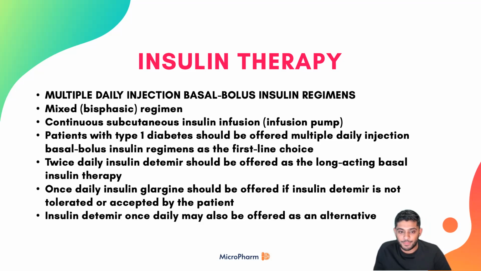And then you have a continuous subcutaneous insulin infusion, which is an insulin pump. So when we're talking about insulin pumps, how many types of insulins are included in an insulin pump? Yes, Julia, one. How do you think that insulin is given?